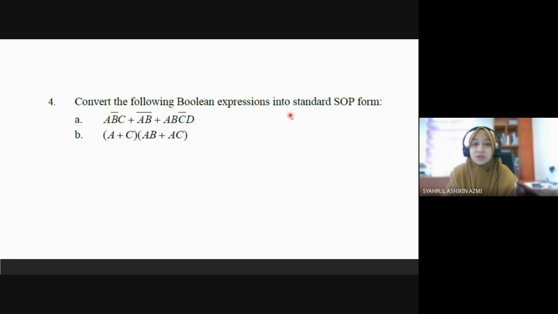You may use one or two simplifications, just a simple one. No need to simplify until you get the most minimized expression. So given this for A and for B, let us begin how to solve these two questions.